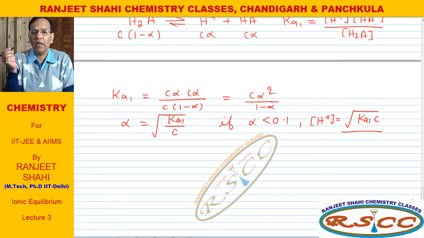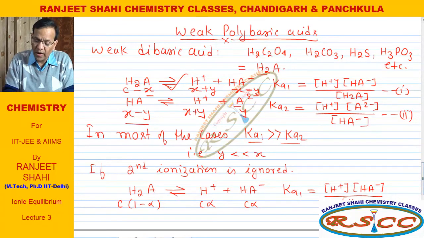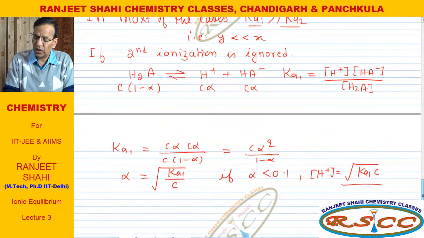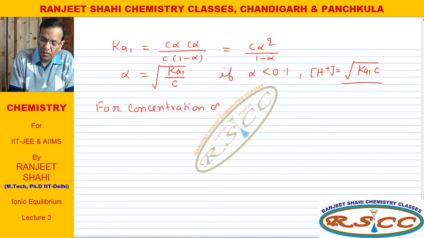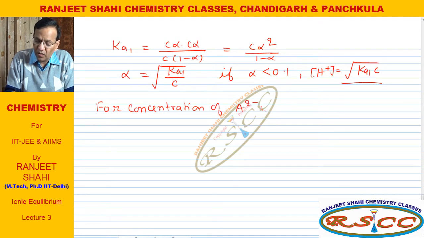One more question is usually asked in case of dibasic acid: what will be the concentration of A2 minus? For concentration of A2 minus, we'll have to solve Ka2, which is equal to concentration of H plus into concentration of A2 minus upon concentration of HA minus.